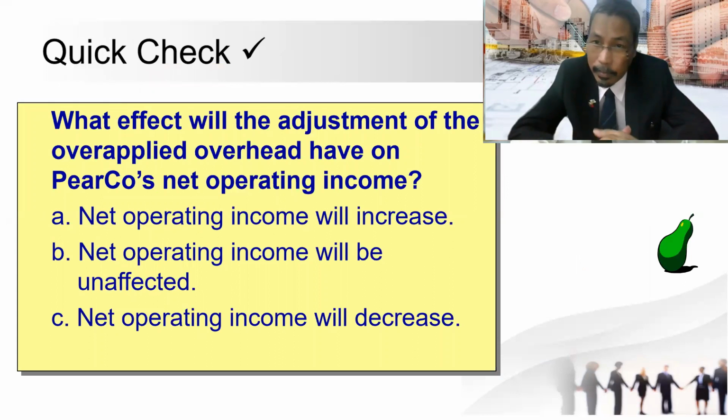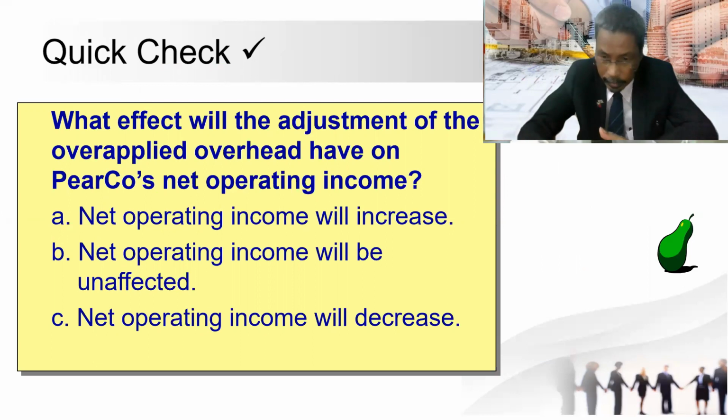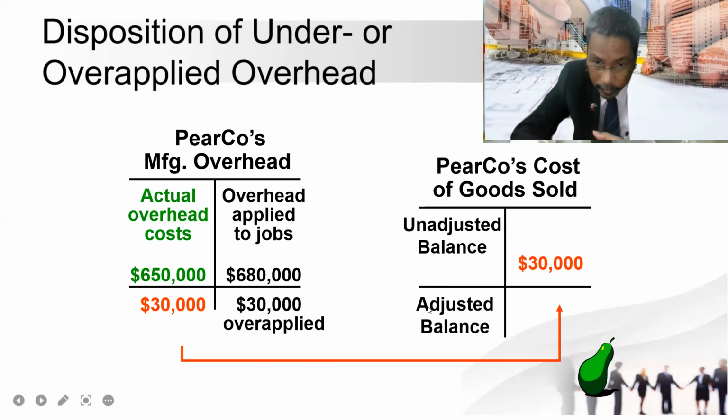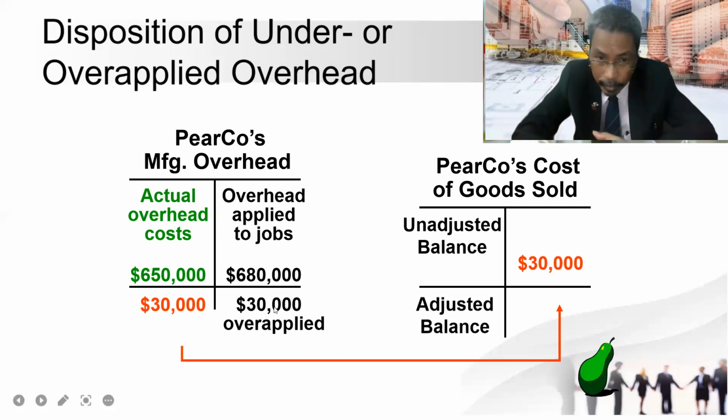The first example is over applied, so for the under applied case the reverse will happen. What do I mean by the reverse? In the second example, we have 50,000 under applied. So put the 50,000 on the right side, because that is under applied. So that is the second example.